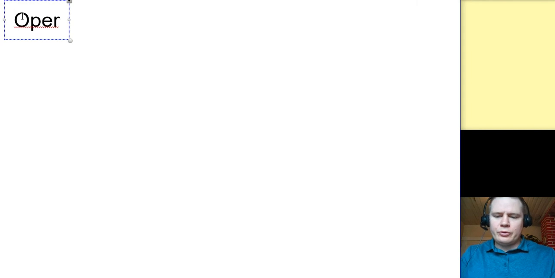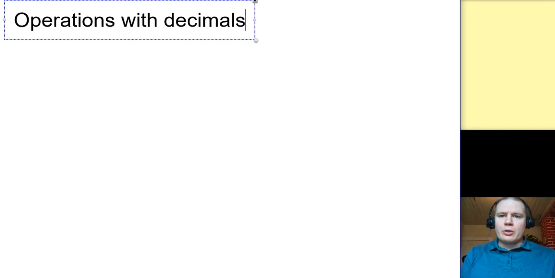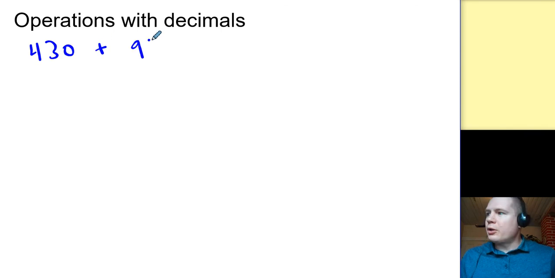Alright, so if we do some operations with decimals, let's start with some examples here. So let's say 430 plus 9,200. What's the sum there?